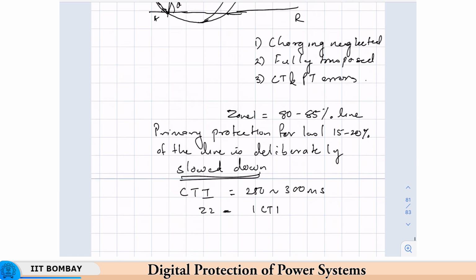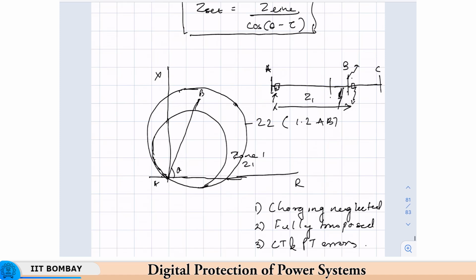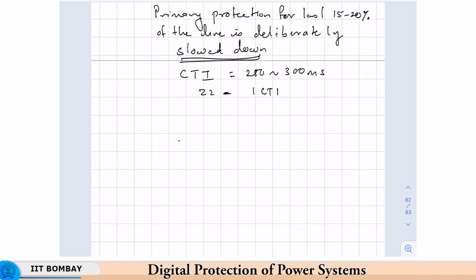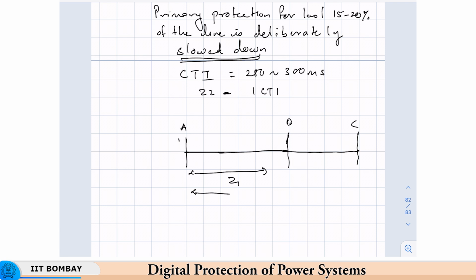Okay, and this timing is slower by about 300 milliseconds. There is no intentional time delay for zone 1. Okay, it's instantaneous. So you will have the 6 elements that we saw for zone 1, and they will be there for zone 2 as well.